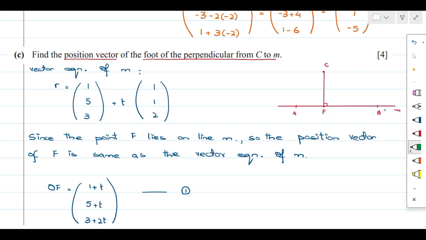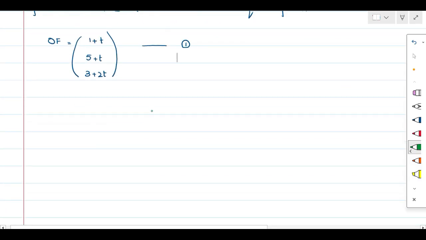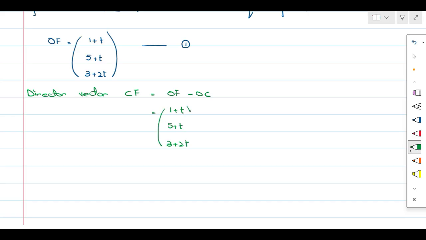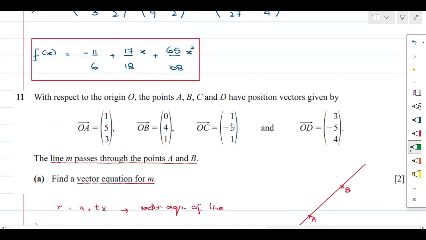In terms of vectors, we are not saying gradient, we have to say the direction vector. Okay, so let me take the direction vector CF, which is OF minus OC, second minus first. So OF is 1 plus t, 5 plus t, 3 plus 2t, minus OC. Okay, so the point C is 1, minus 3 and 1.